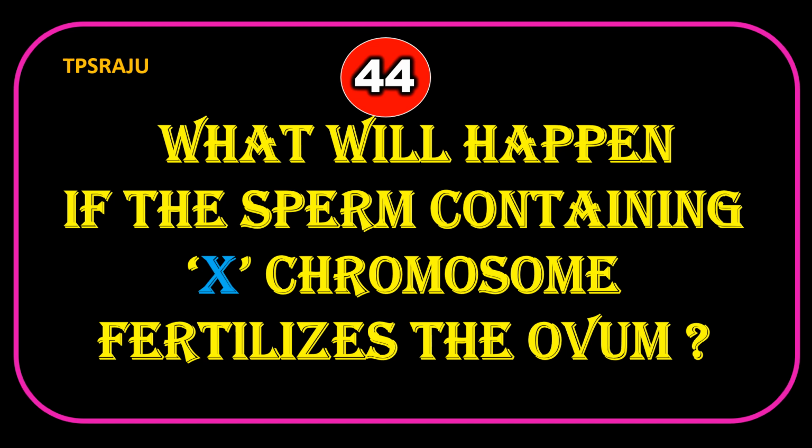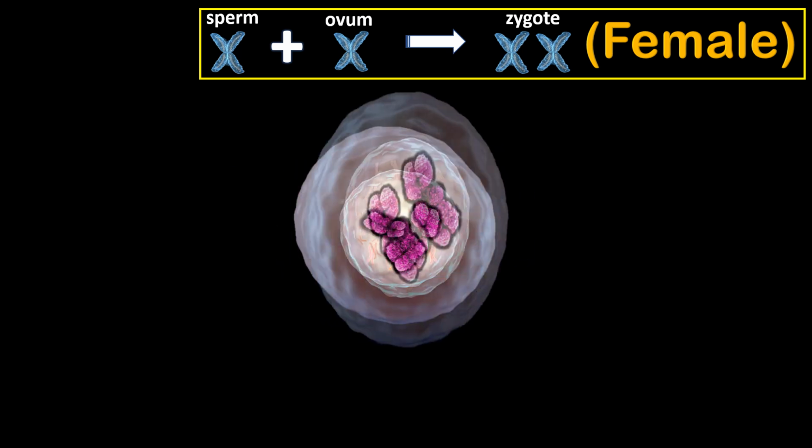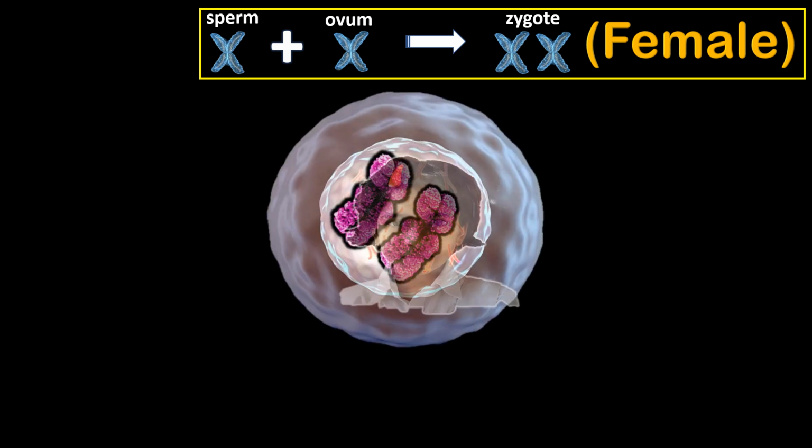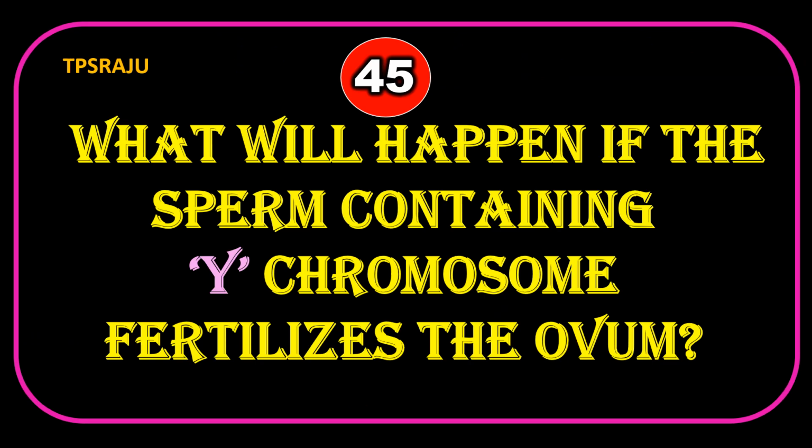What will happen if the sperm containing X chromosome fertilizes the ovum? Zygote will be developed as a girl. What will happen if the sperm containing Y chromosome fertilizes the ovum?